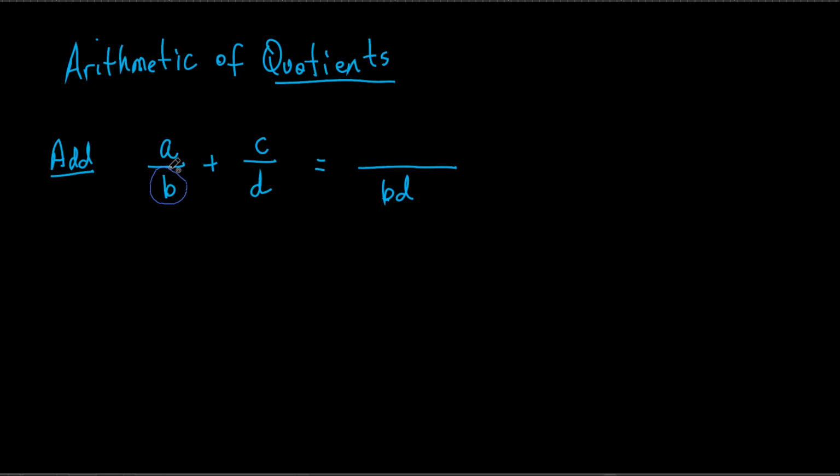What I do is I say, what did I do to this in order to get to this? What did I do to that b? Multiplied it by d, right? So now watch what we're going to do. If I multiply this by d to get BD, I'm also going to have to do what? Multiply it by the top.